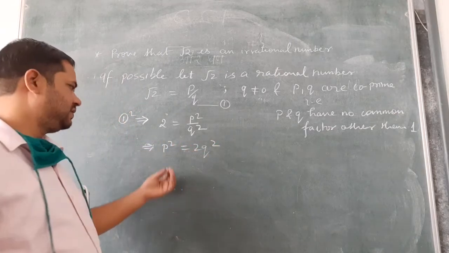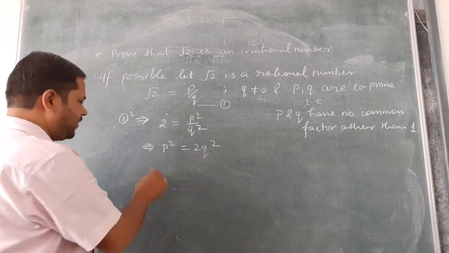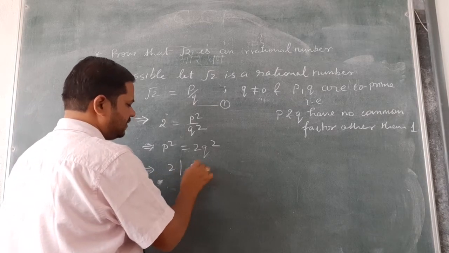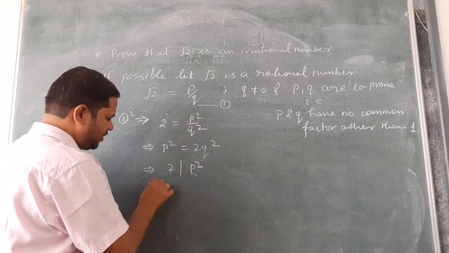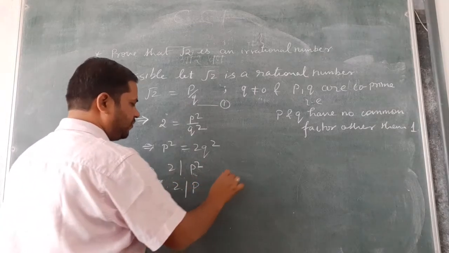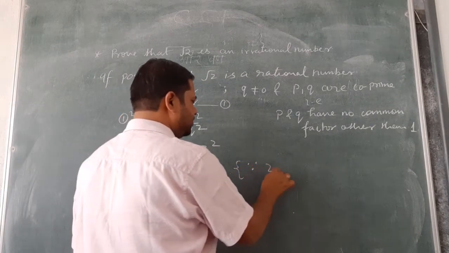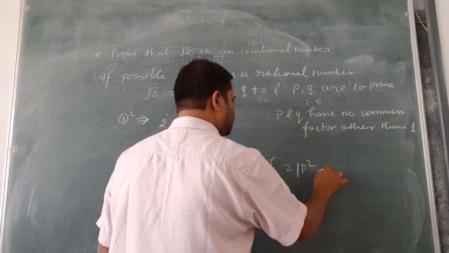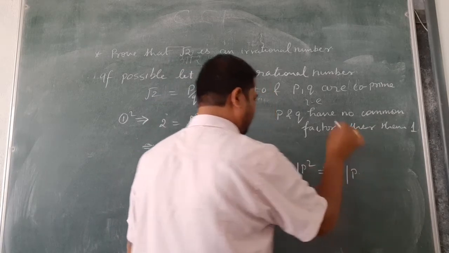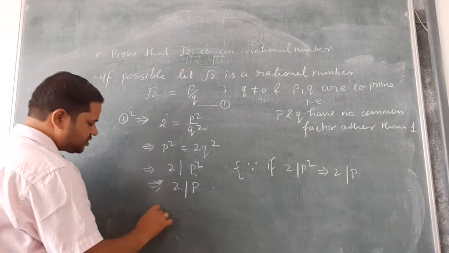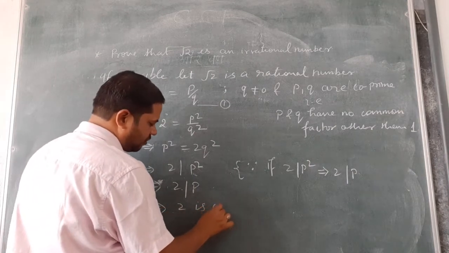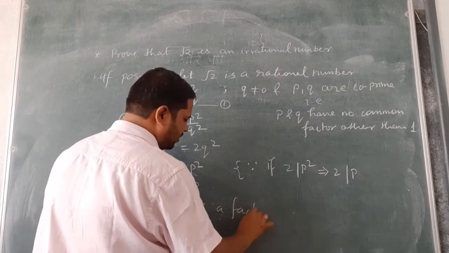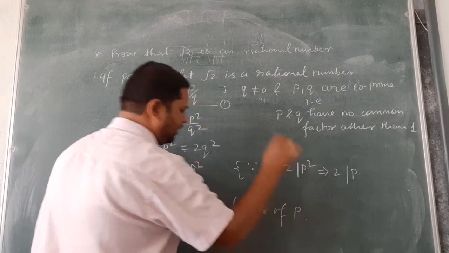This means 2 divides p square, and this means 2 divides p. Why? Because you know that if 2 divides p square, then 2 divides p. So 2 is a factor of p.